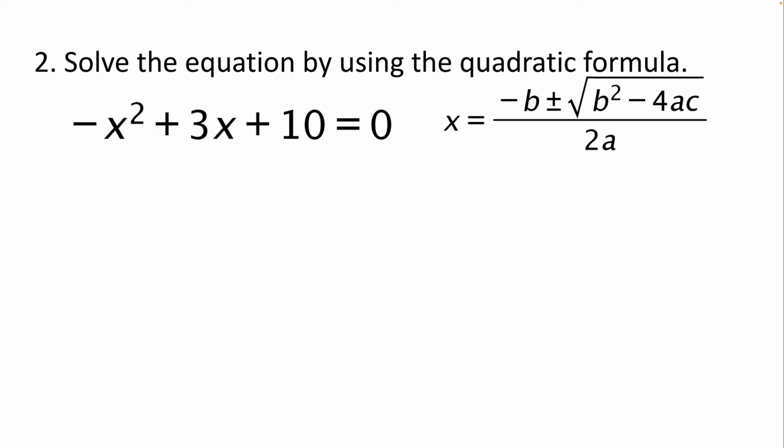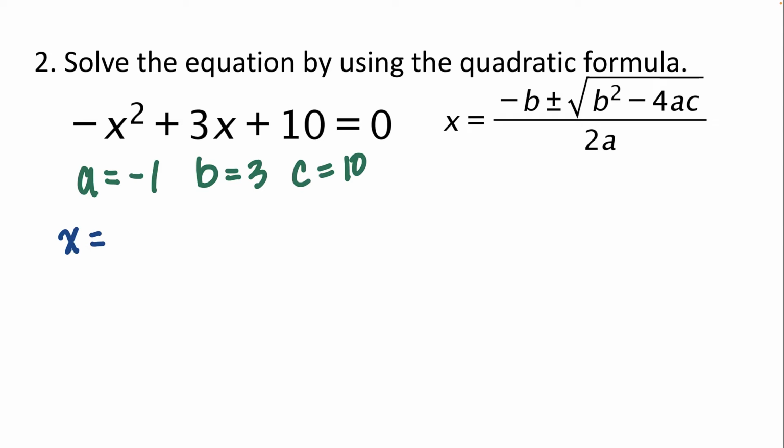So we can go ahead and identify a, b, and c. A is the coefficient in front of x squared, so a will be equal to negative 1. B is the coefficient of the x term, so b will be equal to 3. And c is the constant term, so c will be equal to 10. So let's go ahead and plug the values of a, b, and c into our quadratic formula.